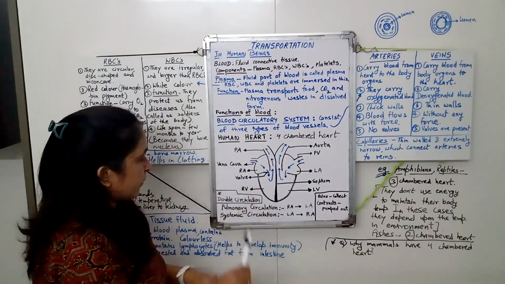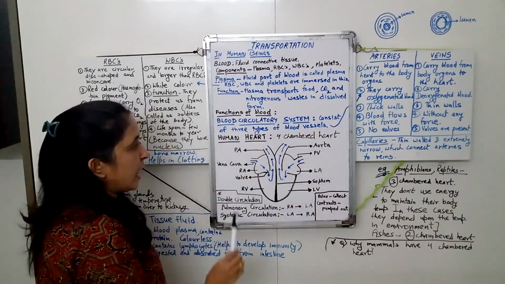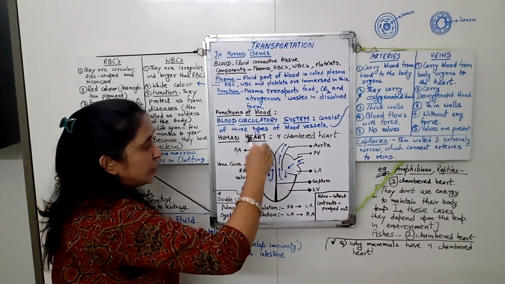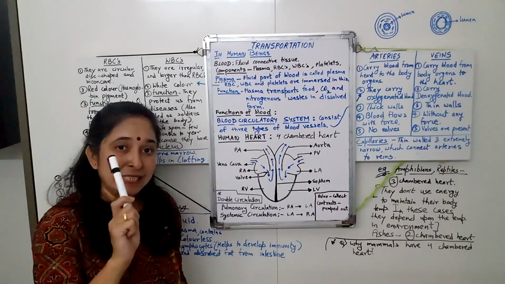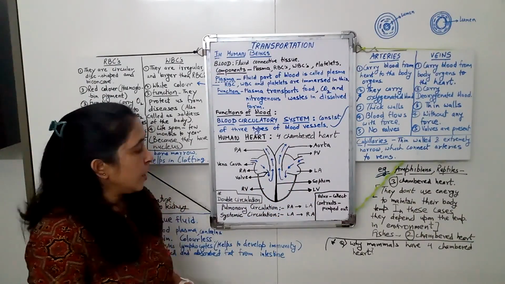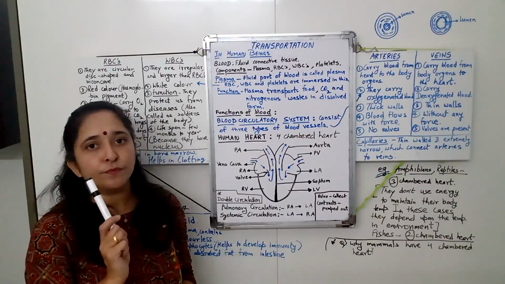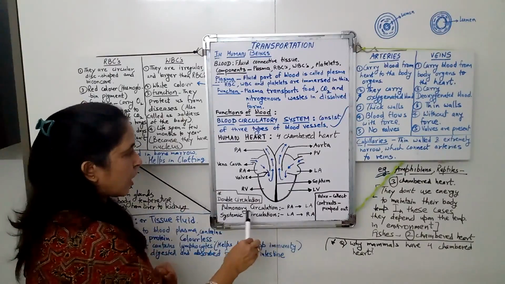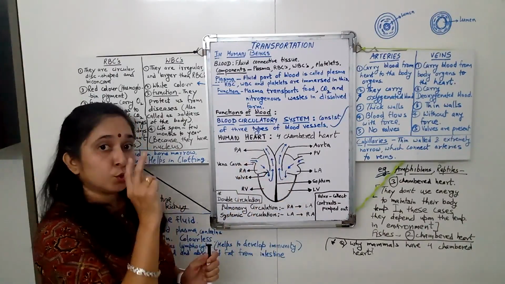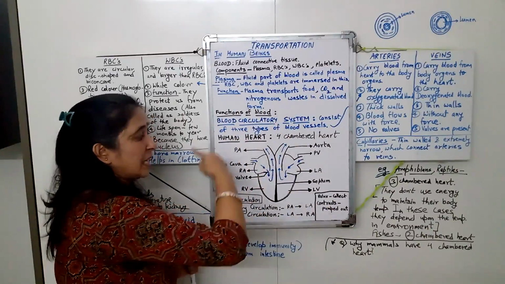Fine. Okay. Now, this human heart, 4-chambered heart, and this circulation in the human heart is also called double circulation. That I will tell you why. Here the double circulation, because in the case of human beings, blood enters twice into the heart during one cycle.